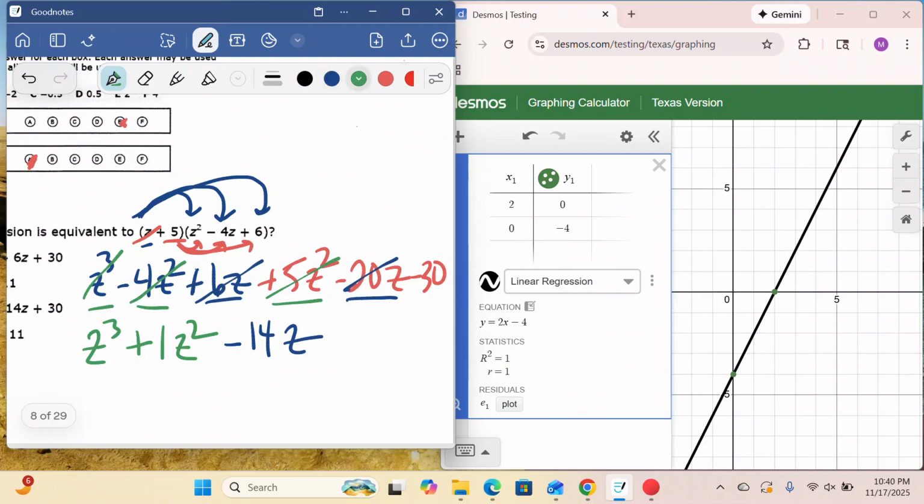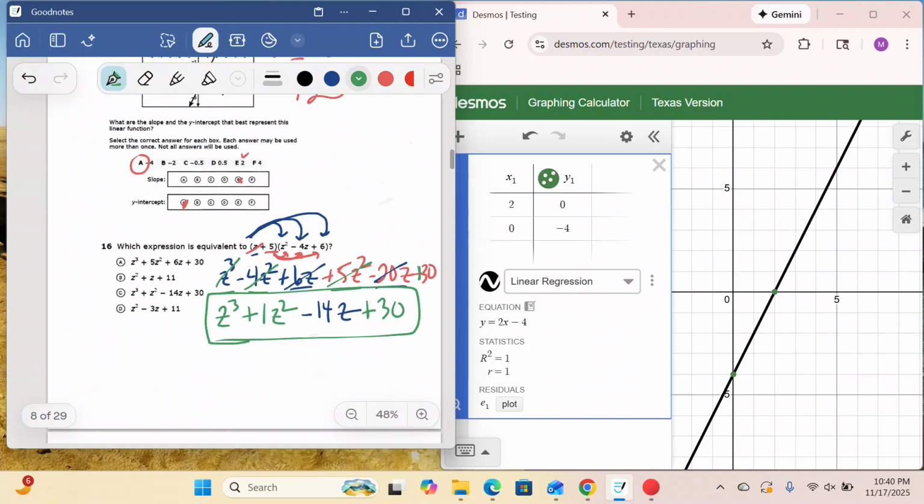And of course, a positive and a positive, I can already see that I made a mistake, because of course it is a positive. 5 times +6 is +30, and this is a +30. And of course right here, 5 times 6 is +30. It's not a -30. Now I have my answer, and I'm going to figure out which one is the correct one.